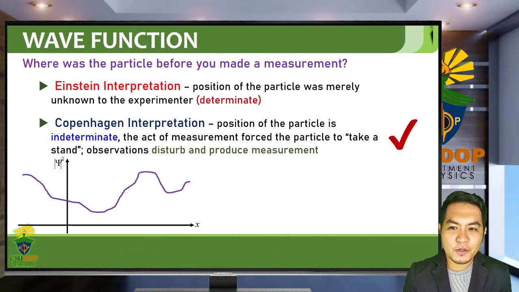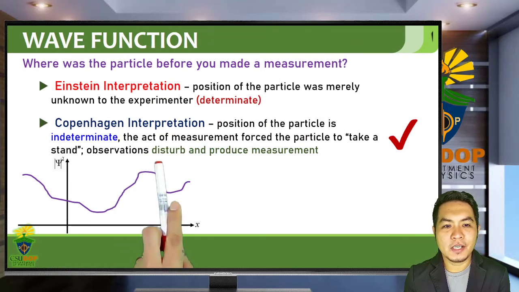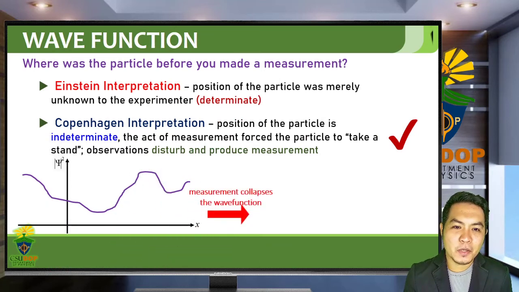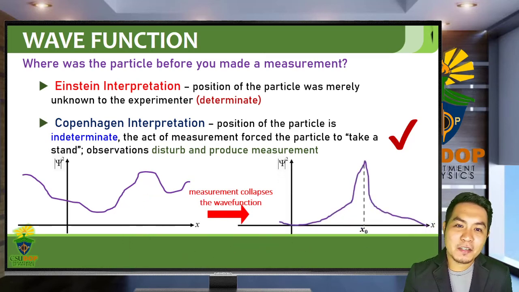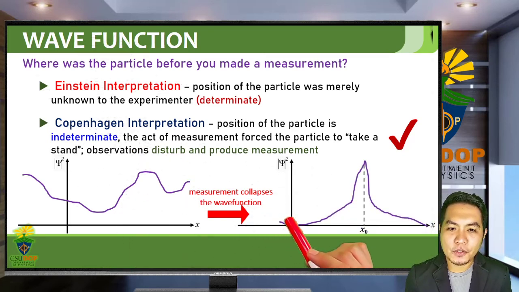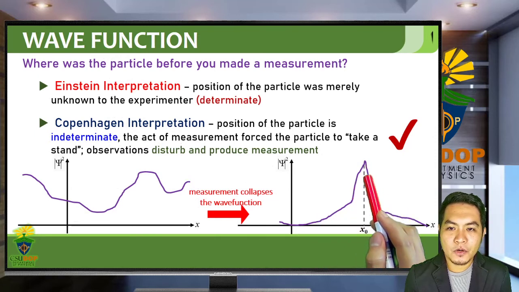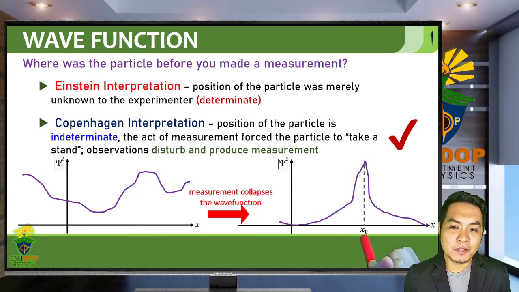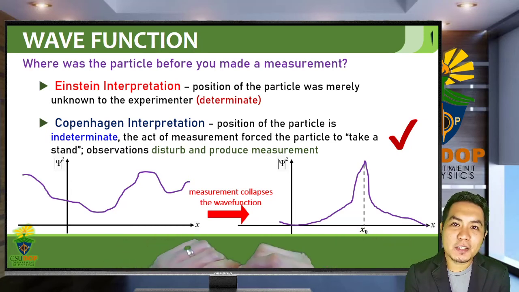So for instance, you have this wave function before you measure the position of the particle, but upon measurement, you're actually collapsing the wave function. The wave function collapses so that it peaks at a certain position value, say in this example, x naught. The act of measurement forces the particle to take a stand.